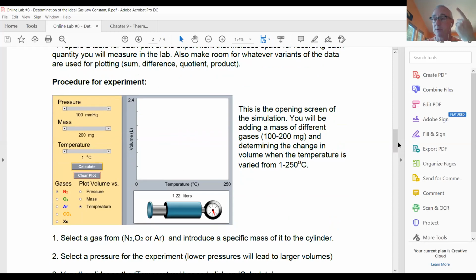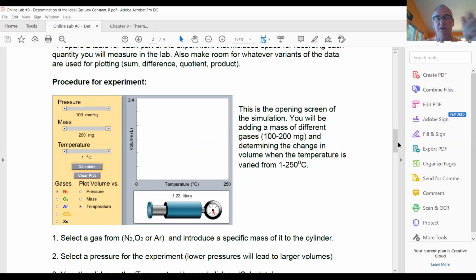What we're going to do is select a gas, and we've got five different ones to choose from. You're going to do three of them. So pick a gas, and there's a chamber there at the bottom, a piston, a cylinder. We're going to put some amount of gas in the cylinder. That's the second slider there.